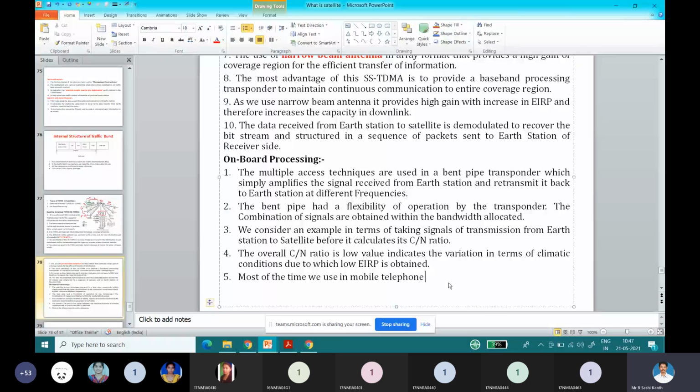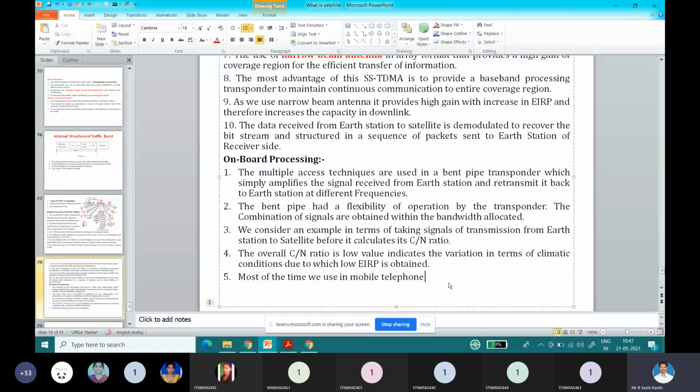So we use this in most of the applications of mobile telephone services, of onboard processing in the satellites, and also in the Ka band satellite services with internet access.